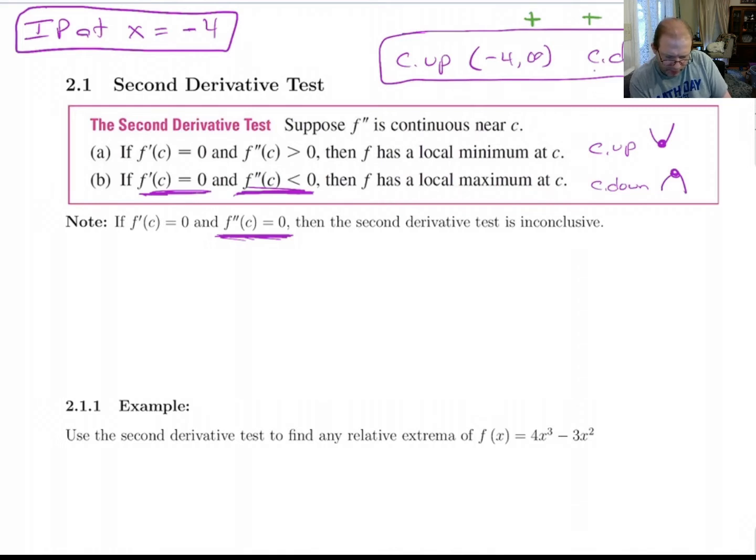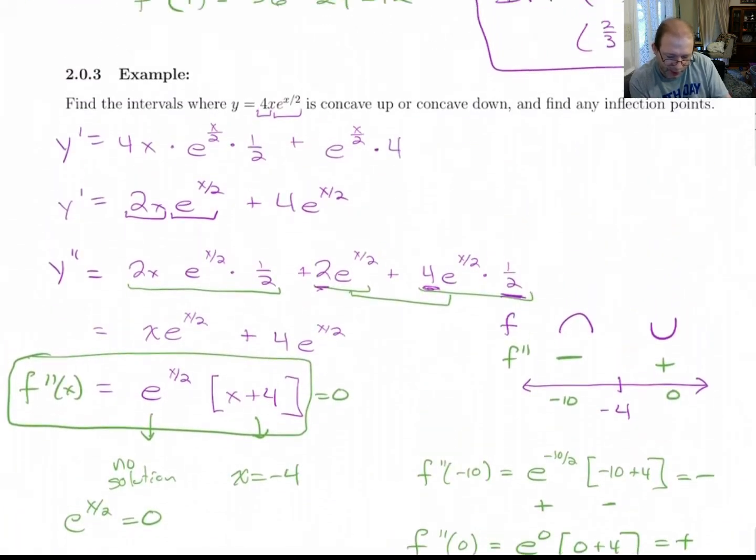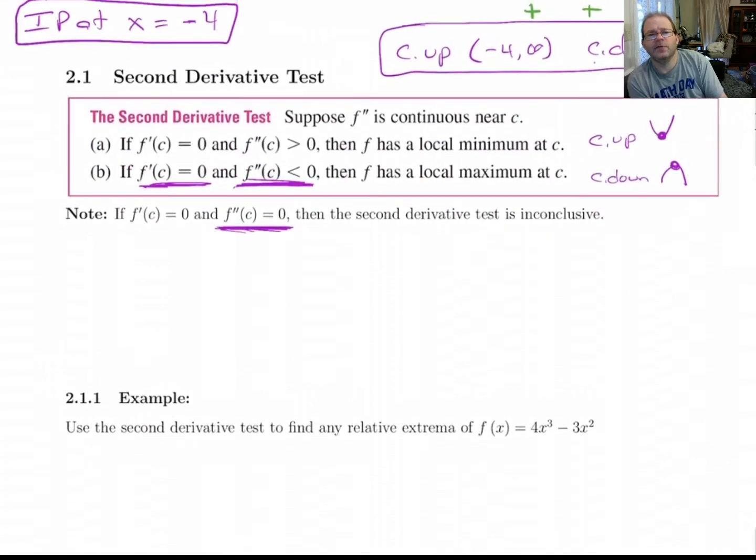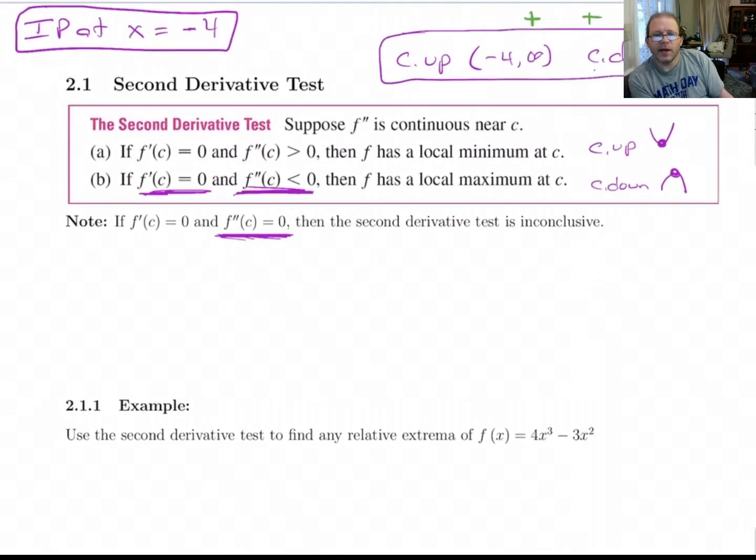Also, finding the second derivative, as we saw in this problem back here, example 203, sometimes is a big pain compared to just finding the first derivative. So if you're looking for max and min values, it makes sense to just use the first derivative test. But the second derivative test is something you should at least be aware of.